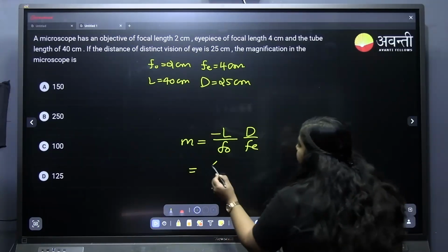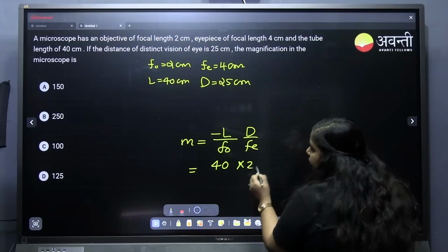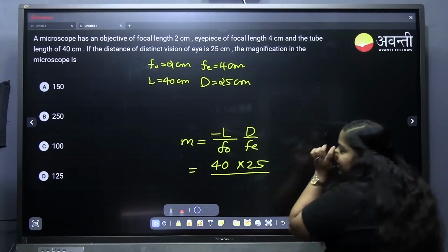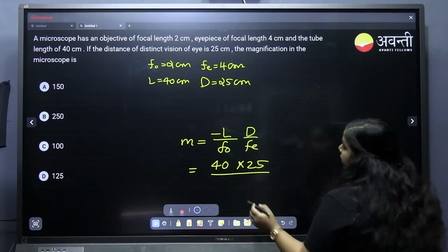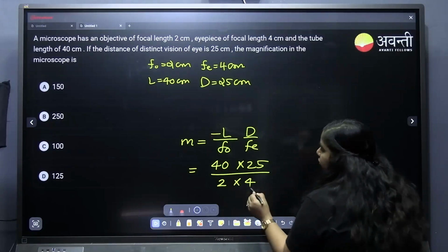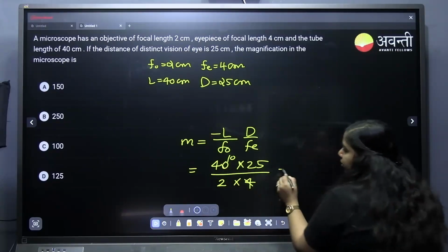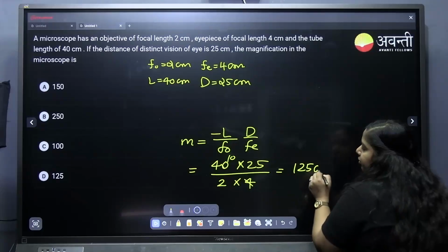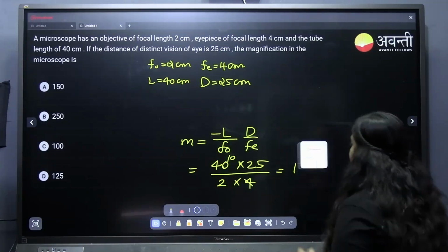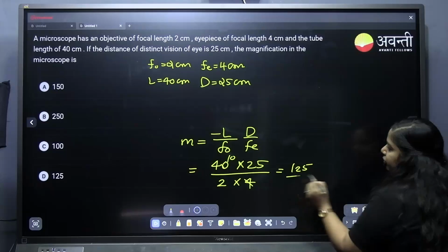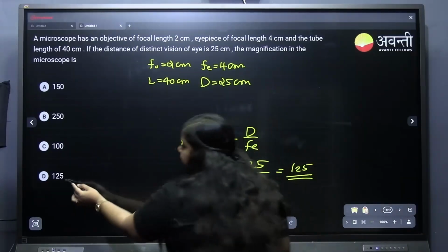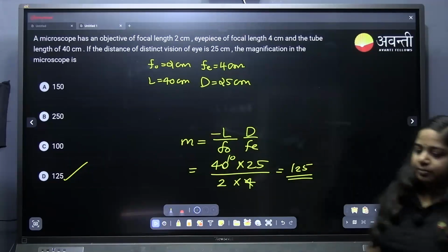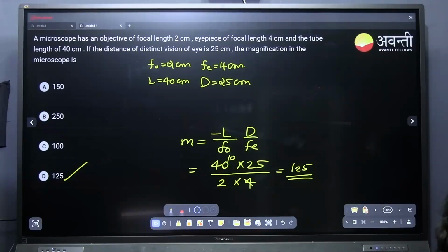You will get 40 into 25 divided by 2 into 4, that is 1000 by 8, which is 125. So magnification will be equal to 125. Answer is option D. Everybody understood this? I hope it is clear. We can move to the next question.